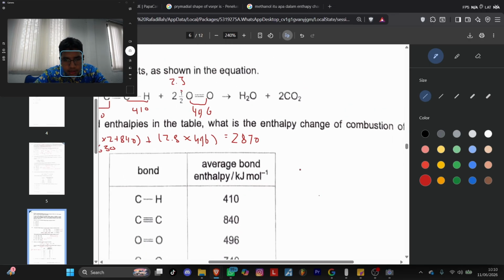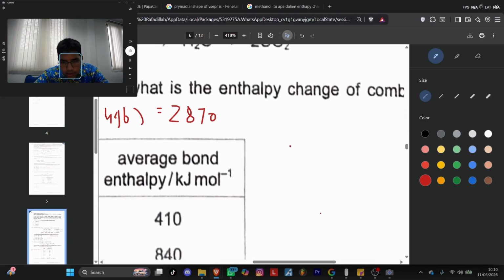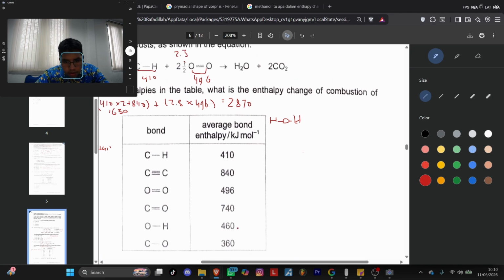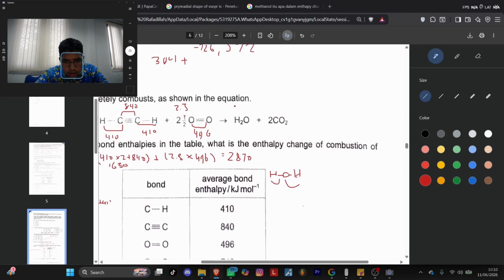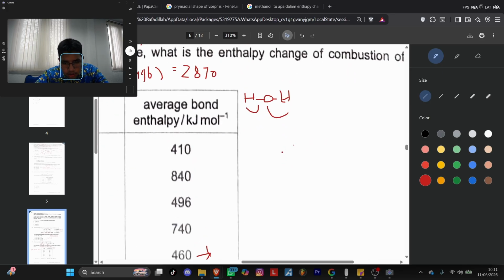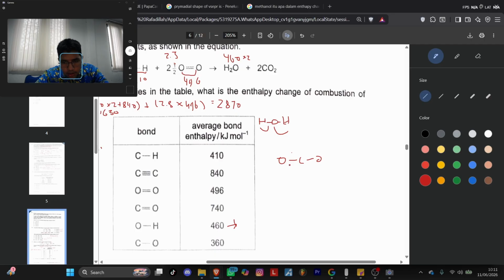The H2O is like O, H, and H, right? So in here we have a double bond of this, right? Because in here and here, so this is 460 times 2, and CO2 is O, C, and O. Because it's double, it becomes double, right?